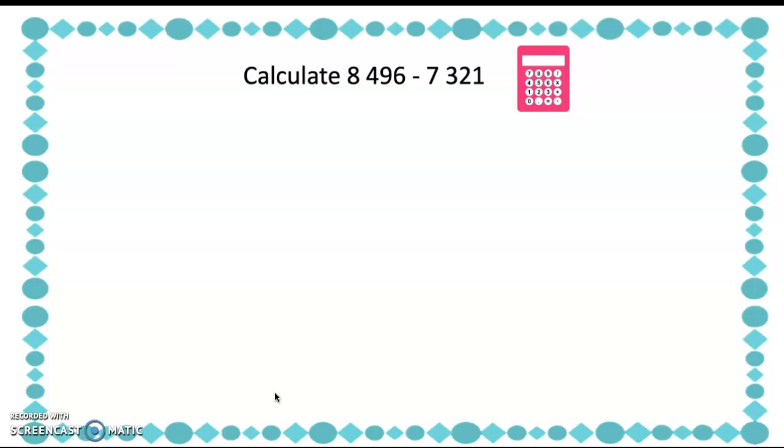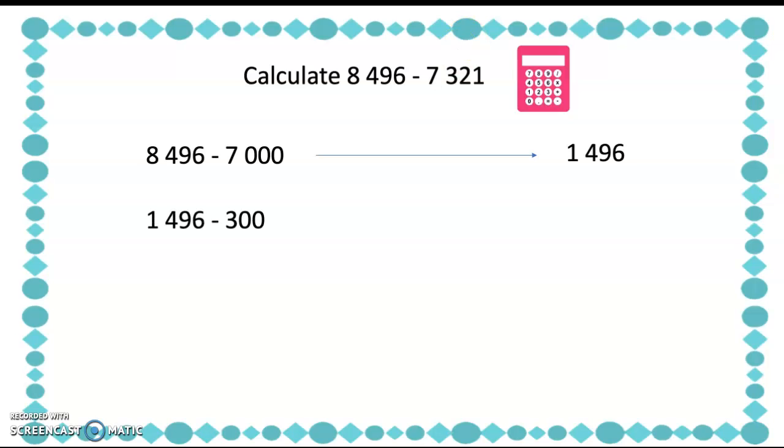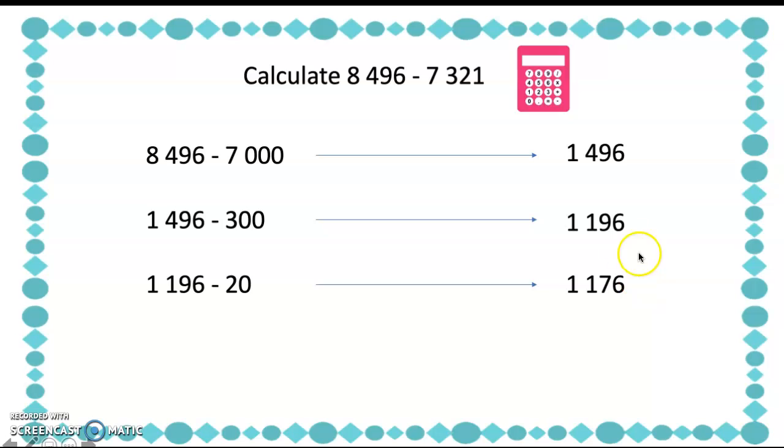Here are your answers. We take our number, we subtract the first place value all the way to the left. And then we have 1,496. You should have then subtracted 300 from your answer here, which gives you this number. Then the next one, we're subtracting 20, which gives us this answer.